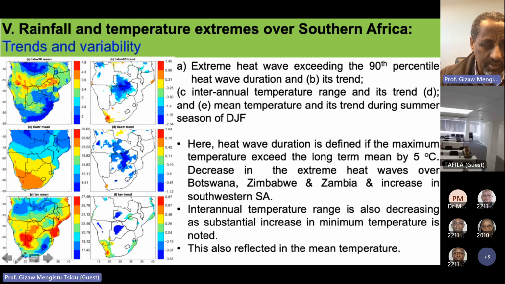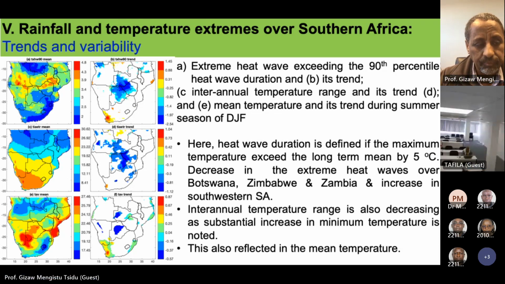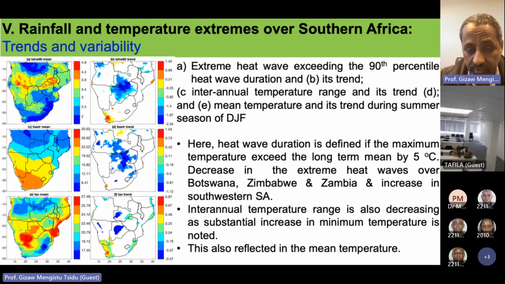So farther south, the difference in interannual temperature range between maximum and minimum is high, because the southern part around Cape Town gets extremely cold during winter, extremely warm during summer. That's what you see. And the difference could go up to 30 degrees centigrade. That means the winter could be below 0 degrees centigrade, and the summer could be close to 40, 45 degrees centigrade.